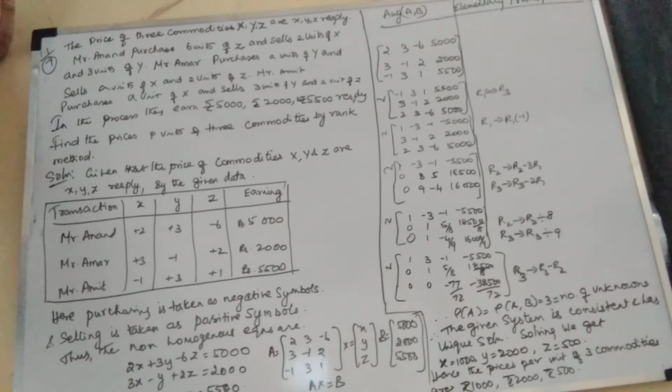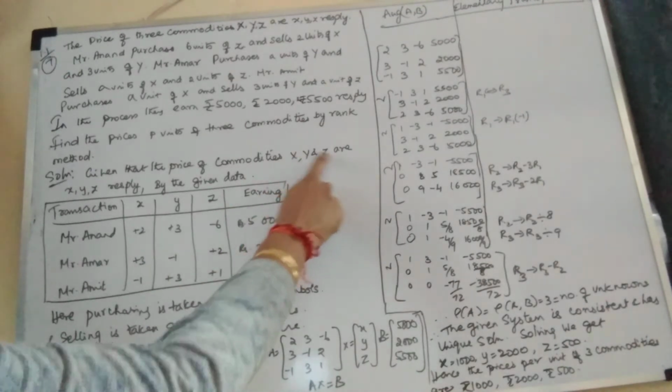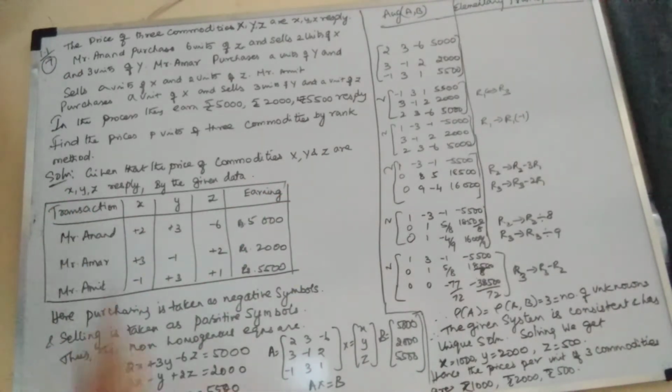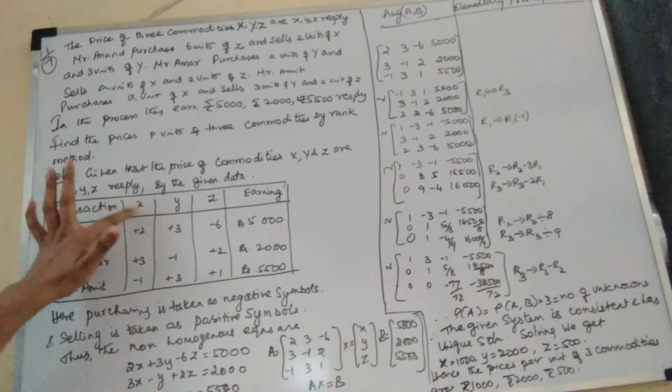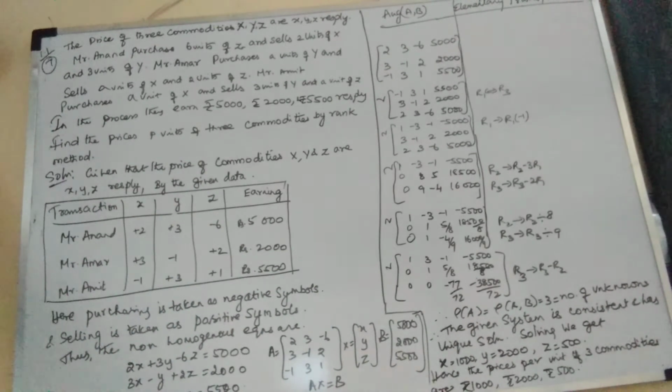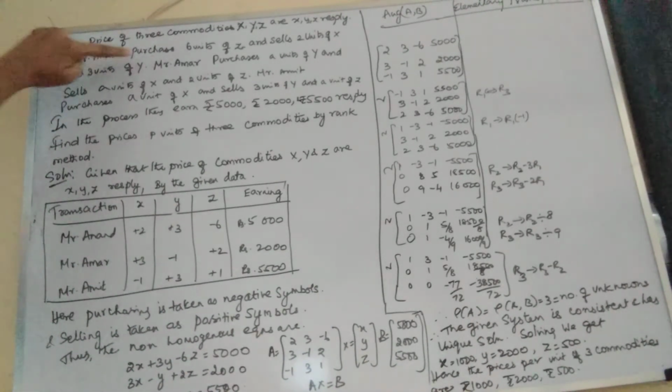So by using the rank method, you are going to find the answers X, Y, Z. First, we will assume the prices of commodities X, Y, Z as small x, y, z. Now write the given data in XYZ form: transactions X, Y, Z, and earnings. First, Mr. Anand purchases.